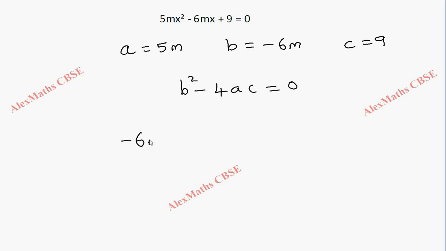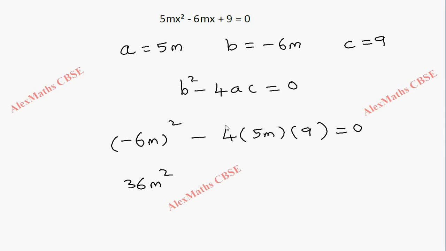So minus 6m whole square minus 4 into a value is 5m and c value is 9 equal to 0. This is 36m square, and by multiplying this we get 36 minus 36 into 5m equal to 0. It's better, we can divide by 36 both the terms.